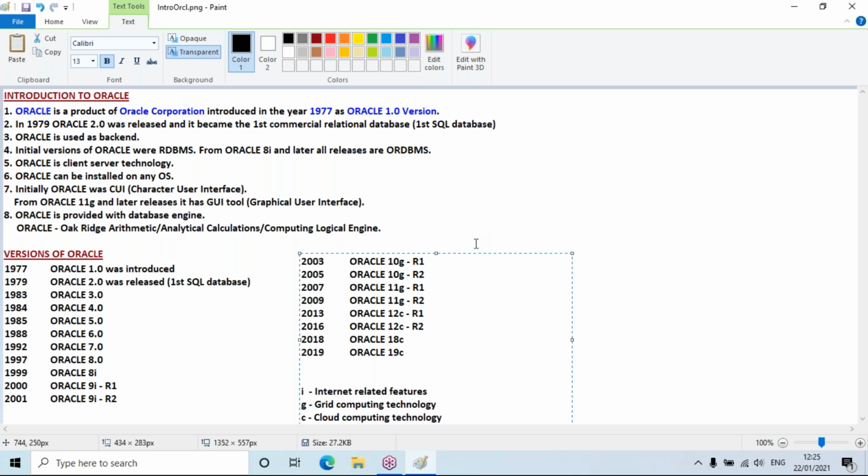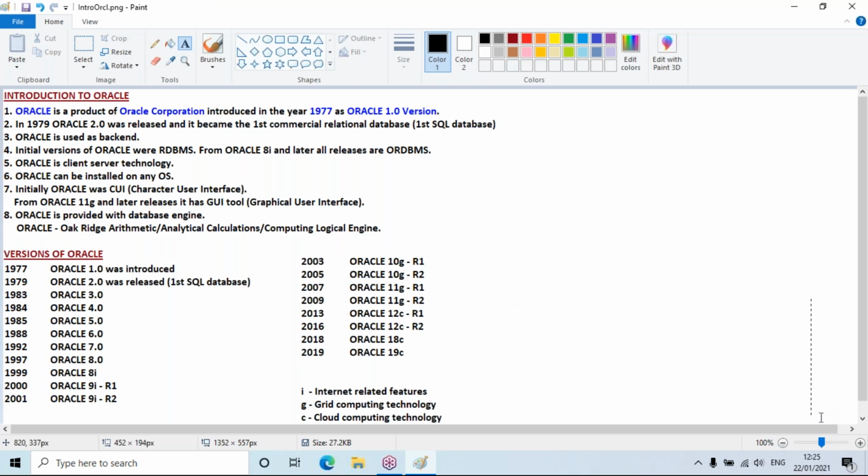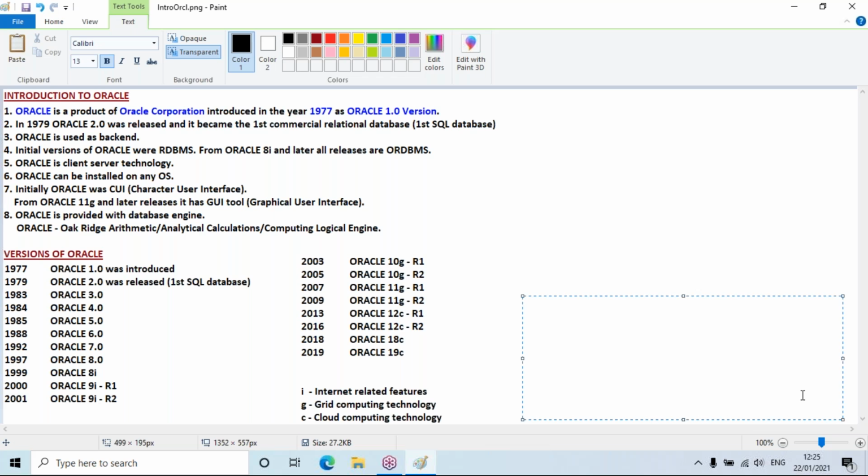Three things: internet related features, grid computing technology, and cloud computing technology. Plus, one more interesting thing of all these versions is, it's not actually any specific version.